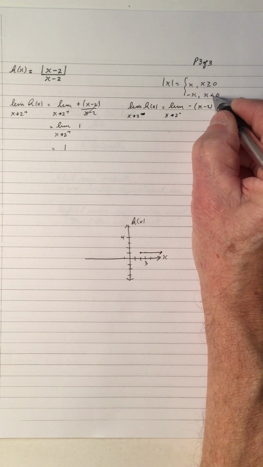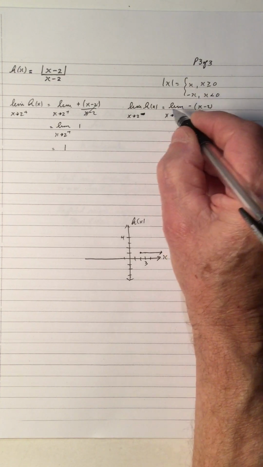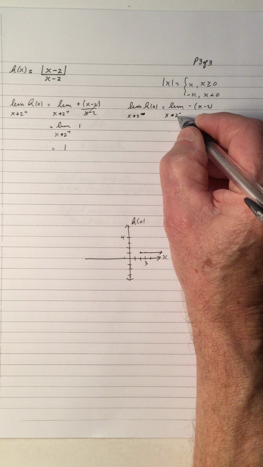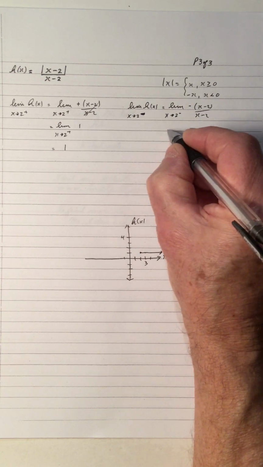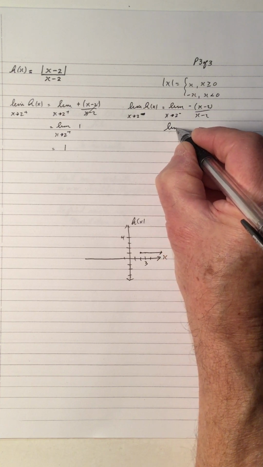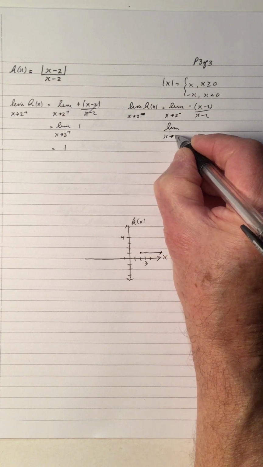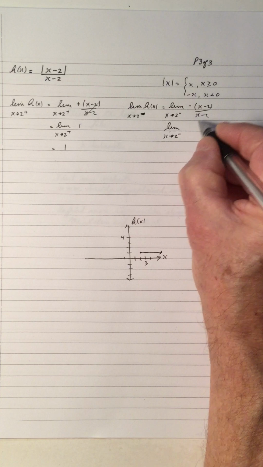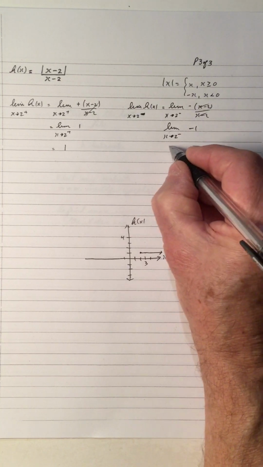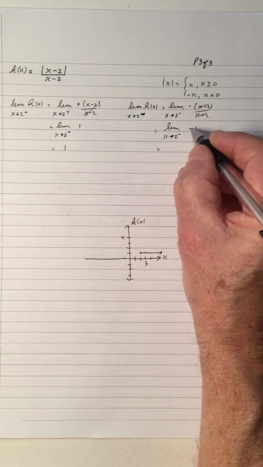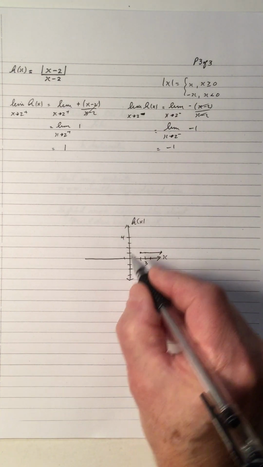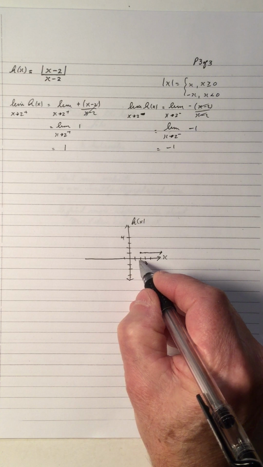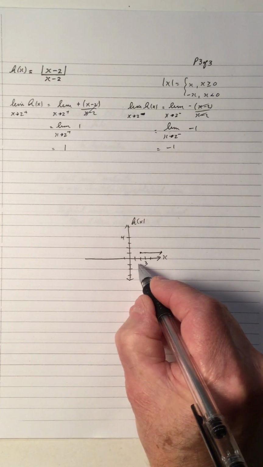So it's on the left side, which is less than 0 here, so it's less than 2. So that gives us the limit as x approaches 2 on the negative side. They cancel and I get a negative 1. So that limit is negative 1. So right here, as x approaches 2 on the left side, we have a negative 1.